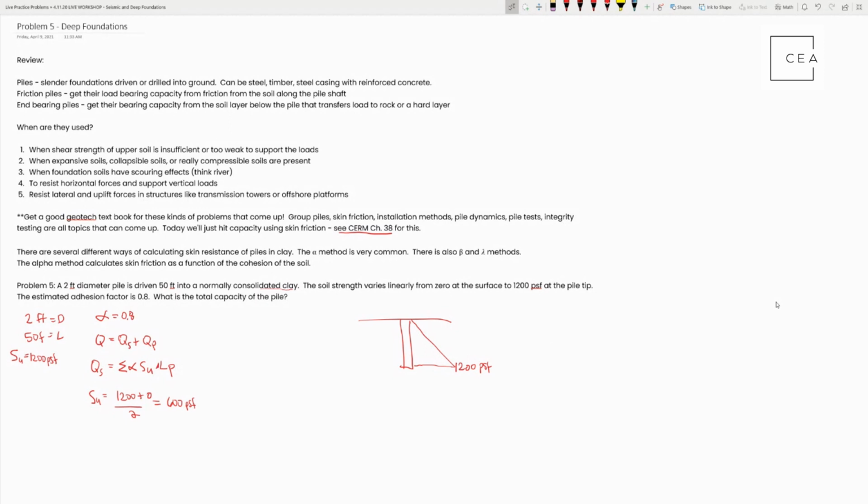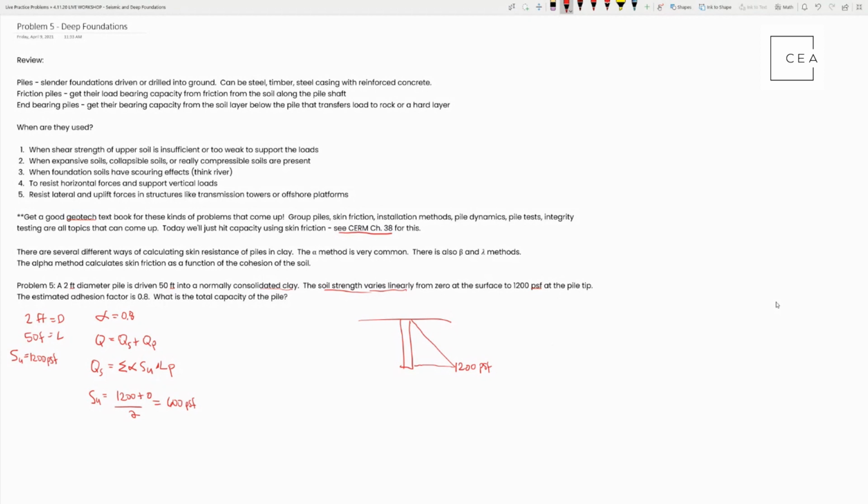That is the average soil strength on this pile. We understand that because in the problem it says that it varies linearly from 0 down to 1200. Okay. It varies linearly, which is why I tried to draw this out like that.